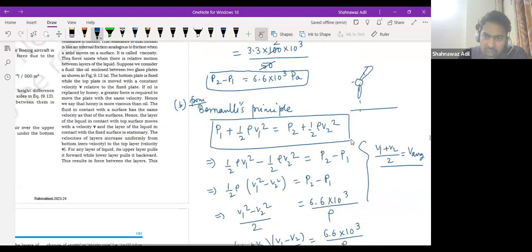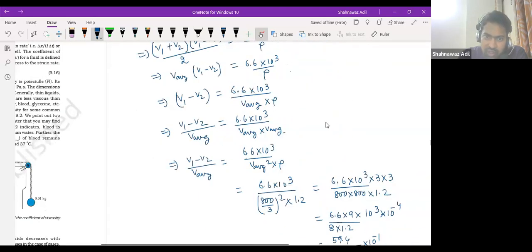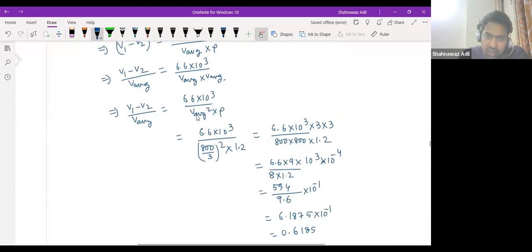How will we get 6.63 into 10 to the power 3, and 800 by 800... Oh yeah, I have found this one.